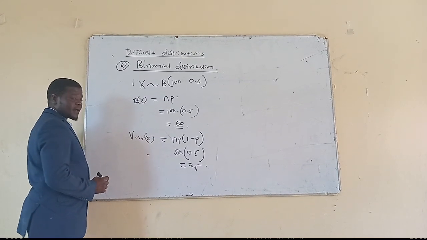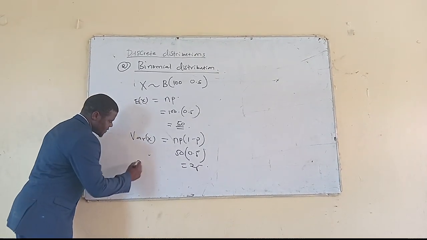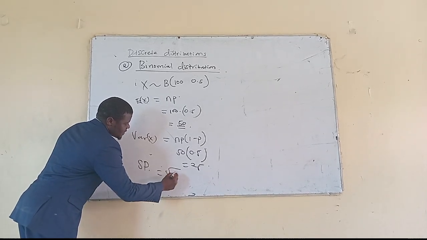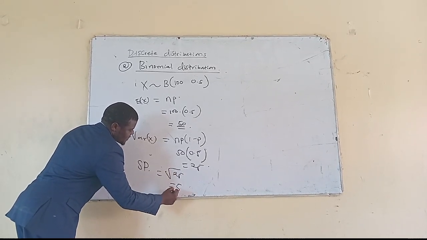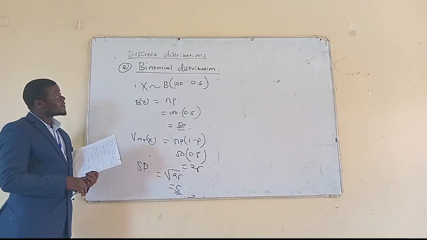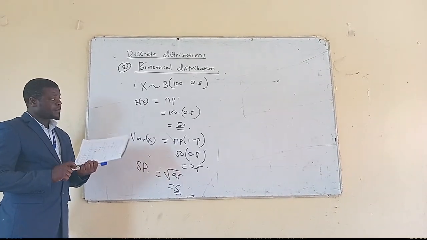And now the standard deviation will be the square root of 25, which is equal to 5. So you see, it is quite easily done for this kind of distribution.